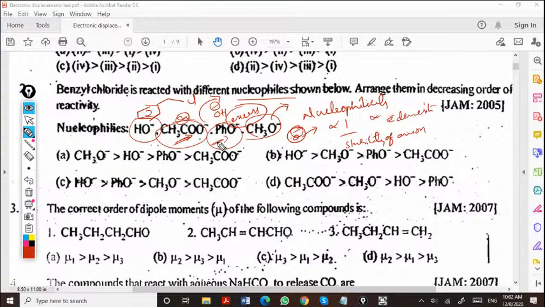Next, this one has no stability or instability, but a donating group attached to the anion is going to decrease the stability. So this is with the least stability, most nucleophilicity. So methoxide, then hydroxide, then phenoxide, then acetate. So option A is correct.